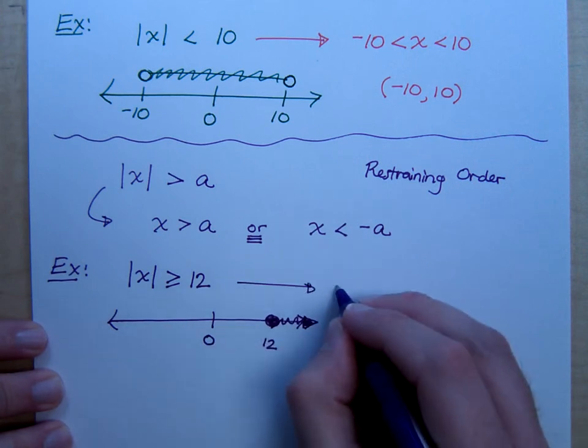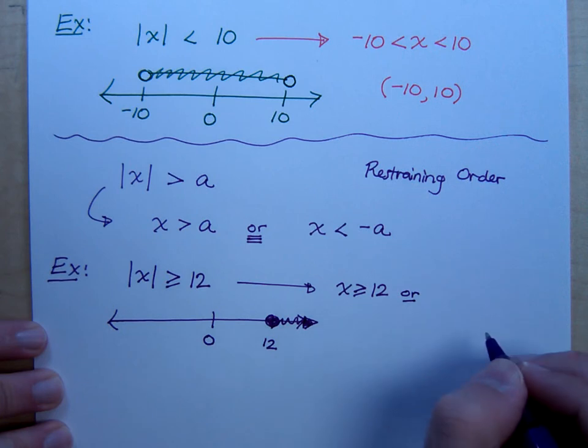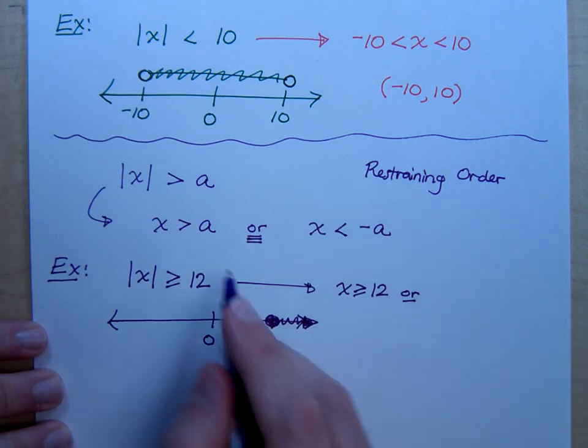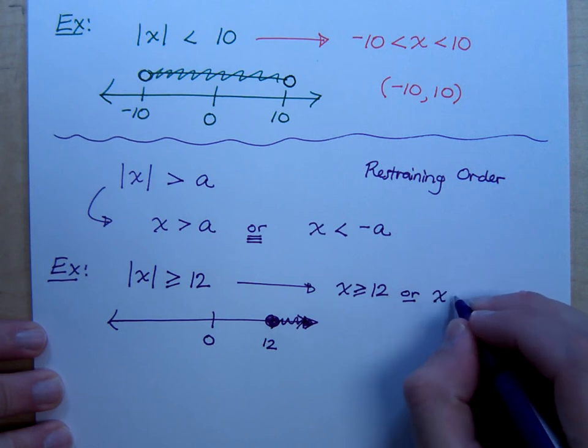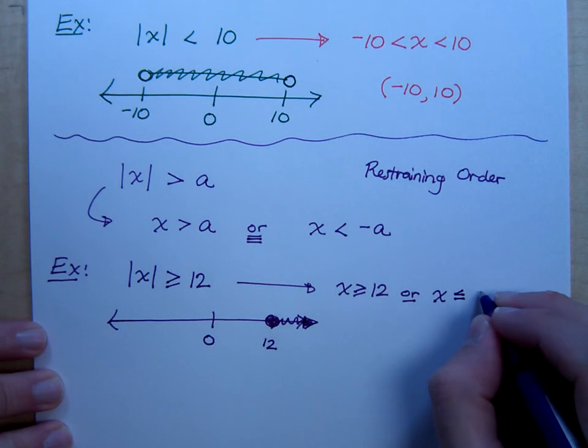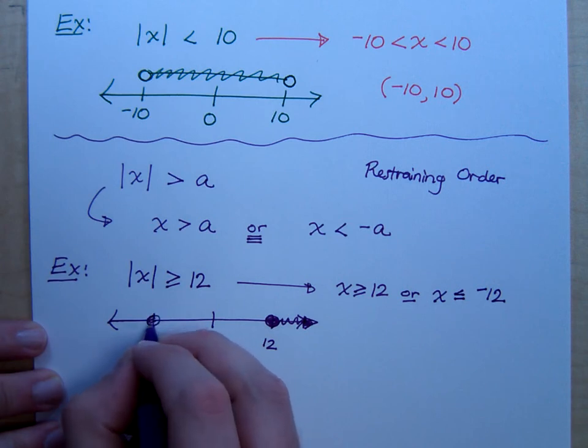So this is saying x needs to be greater than or equal to 12 or what? What am I saying up here? So if I flip, that means x is less than or equal to negative 12. So here's negative 12. I need to be less than or equal to this.